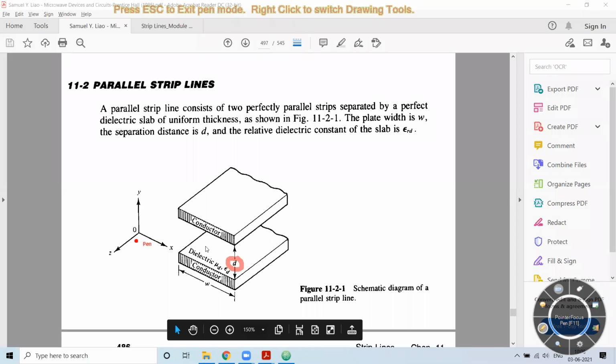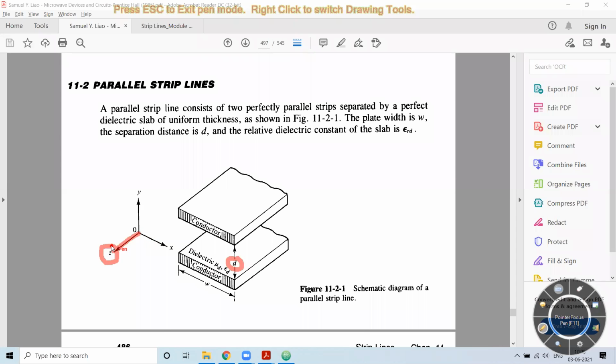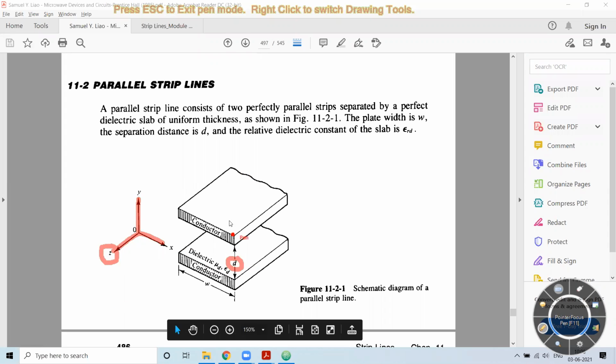This dielectric material is assumed to be placed along the z axis, due to which I'll have the electric field along the y axis and the magnetic field along the z axis. So this is how the parallel strip lines are observed.